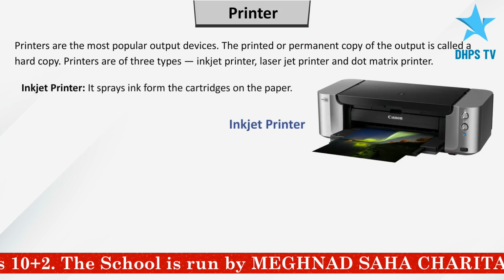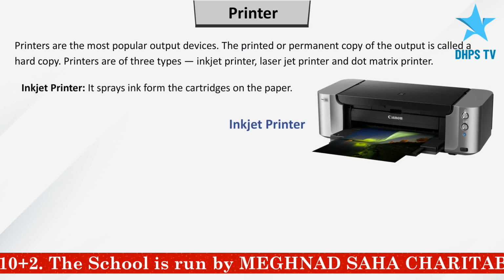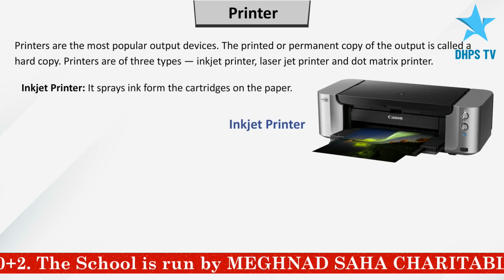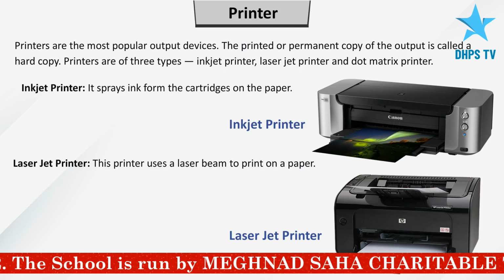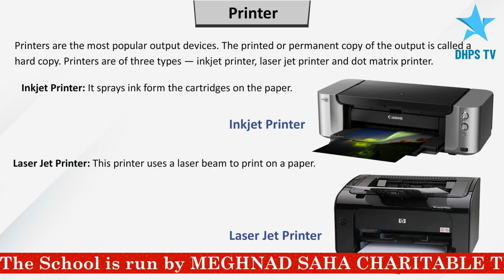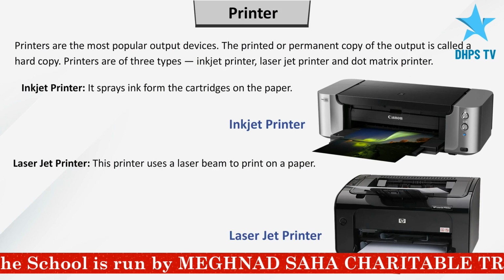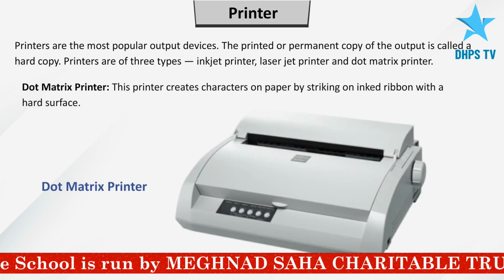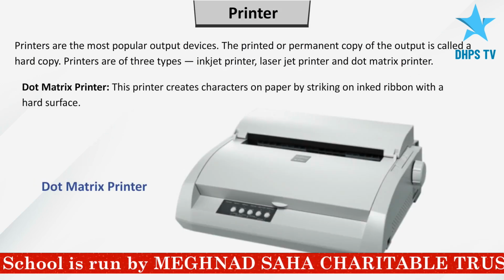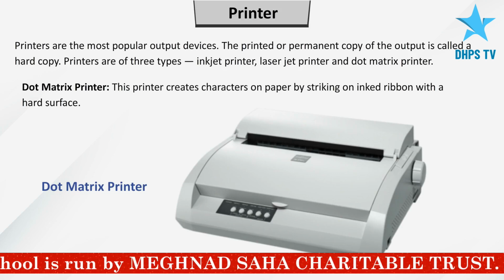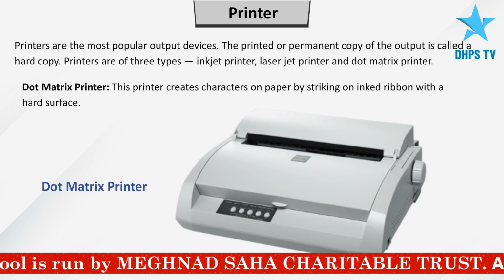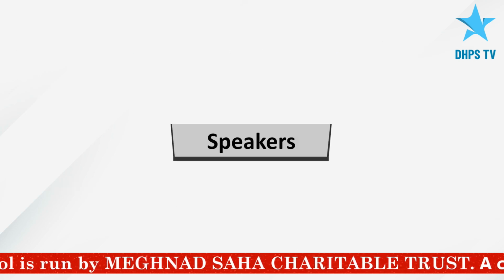Inkjet printer. It sprays ink from the cartridges on the paper. Laser jet printer. This printer uses a laser beam to print on a paper. Dot matrix printer. This printer creates characters on paper by striking on inked ribbon with a hard surface.